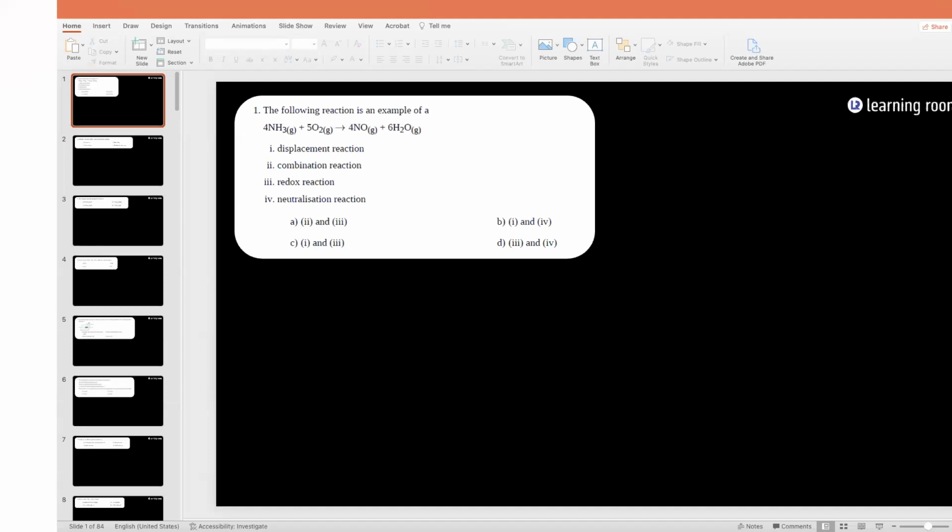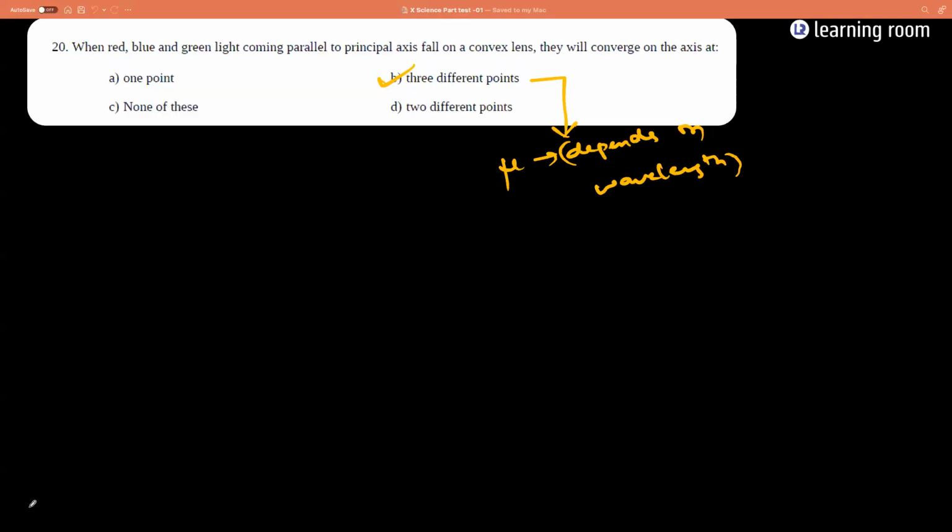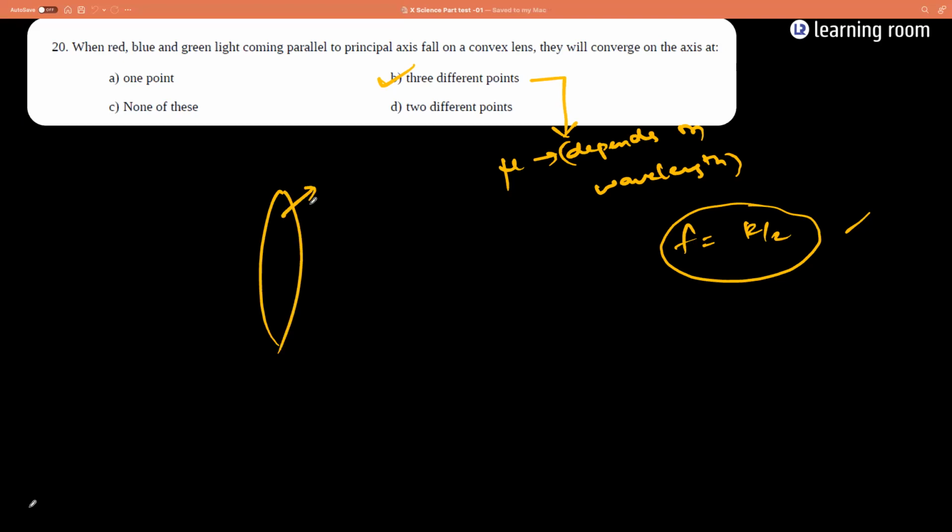Yeah, sorry, Narayani, I had a call. You were asking something. You thought F is equal to R by 2. If F is equal to R by 2, then how will it be different? No, that's not the case here. When all the three are incident on the same lens, the nature of the lens is going to vary.